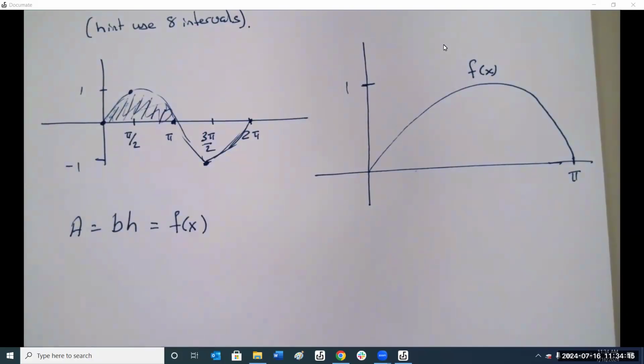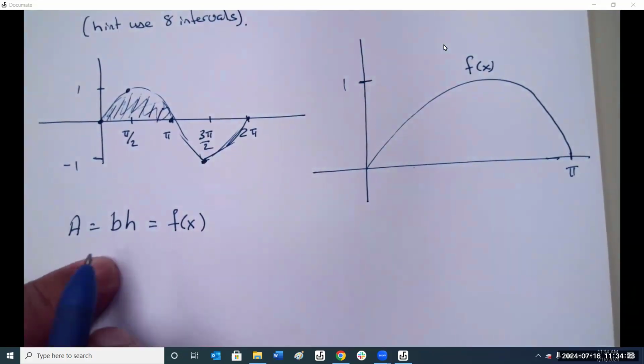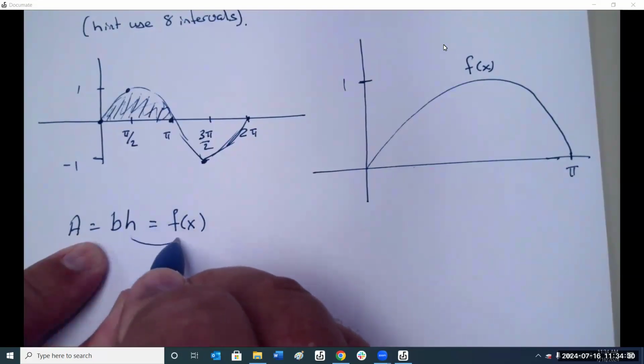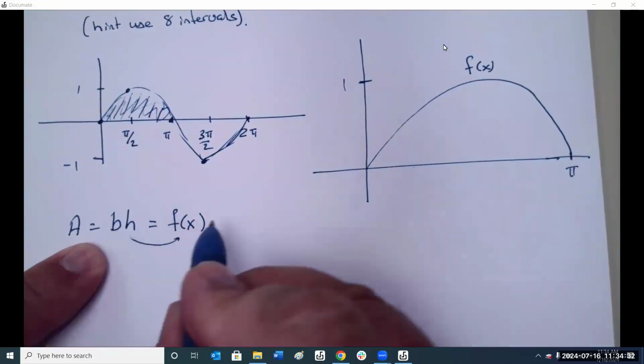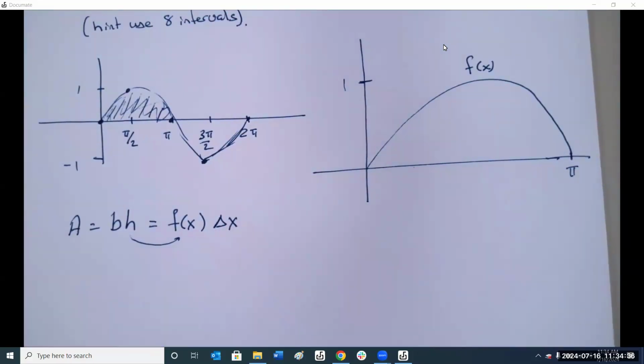We're building up. We look at the big picture first and then break it down into these smaller sub areas. So the height is known by the function. The base is how wide each of those intervals are.